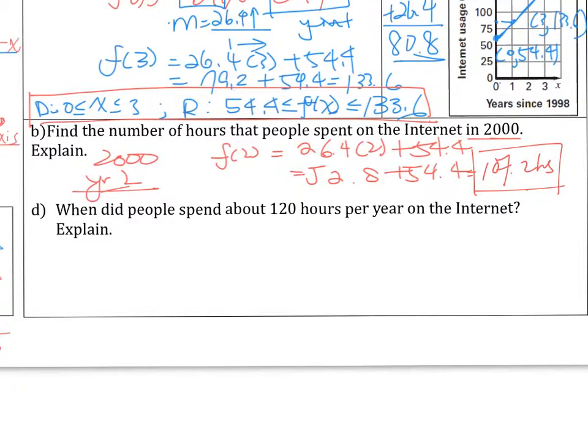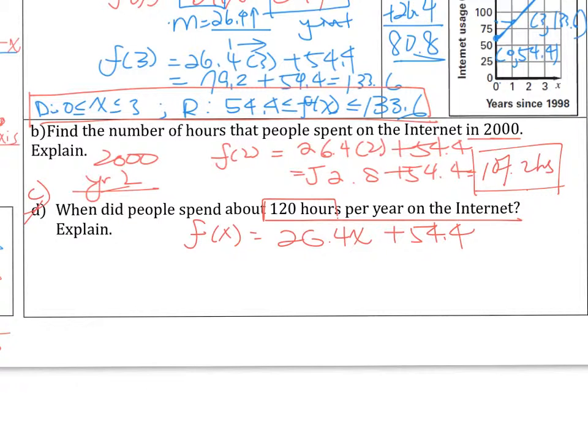Part D. When did people spend about 120 hours per year on the internet? So we need to do just the opposite. Actually, this is part C. Okay, we have to take this function here. And now we need to find x. So our value is 120. f of x is 120.